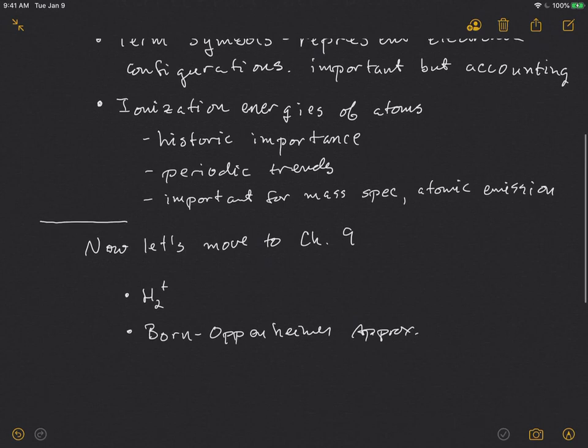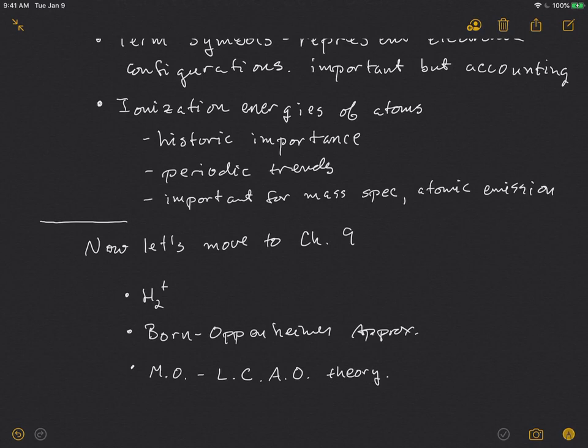We're going to be developing this concept of molecular orbitals, MO, as a linear combination of atomic orbitals, MOLCAO theory.